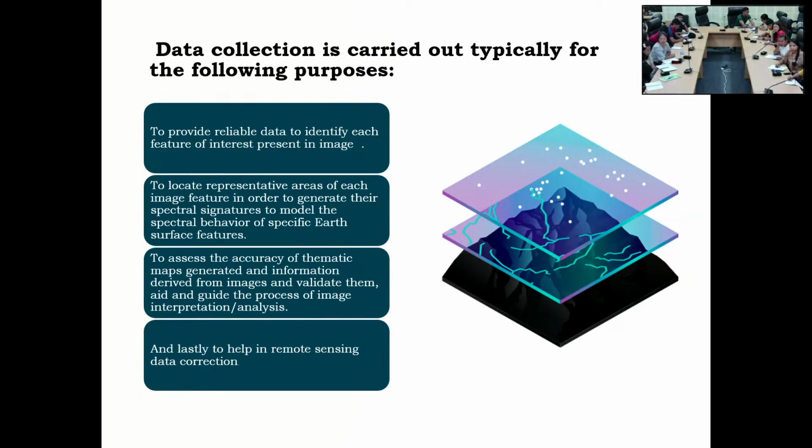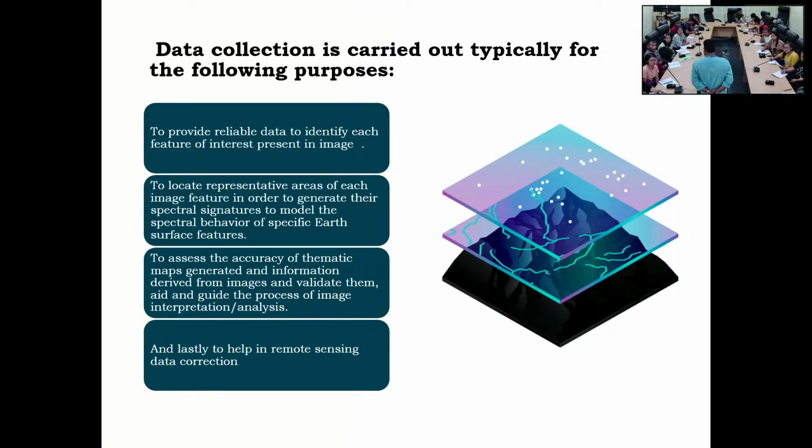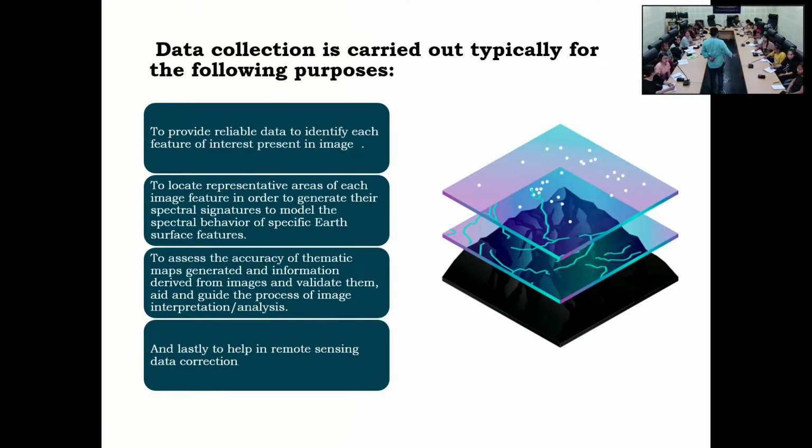So now it's up to you. I'll come back to you once. So what do you understand by the line to provide reliable data to identify each feature of interest present in image?